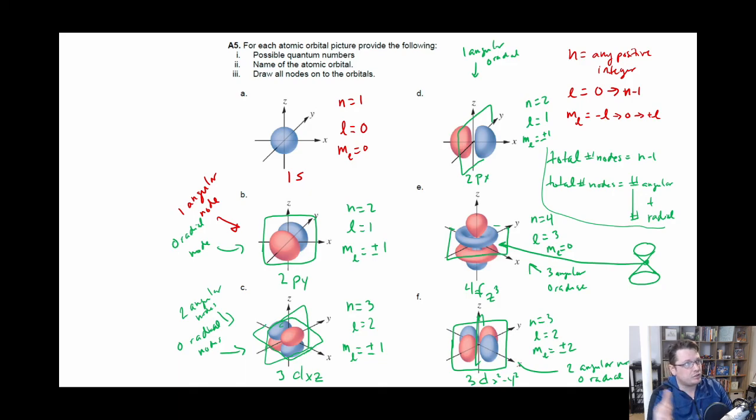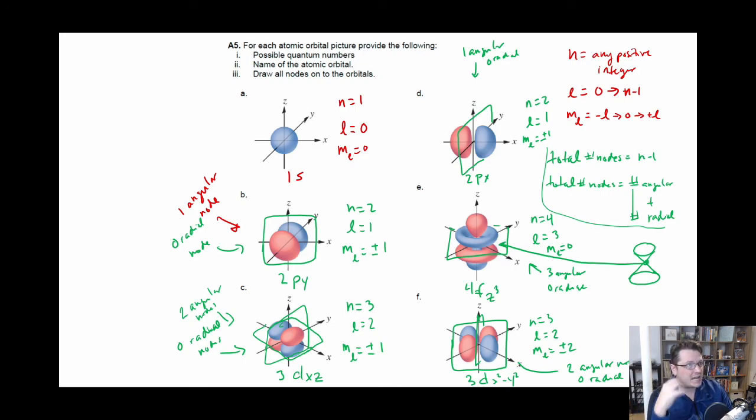The number of angular nodes is always going to be equal to the L value. The principal quantum number is going to be equal to the total number of nodes plus 1, so the number of angular nodes plus the number of radial nodes plus 1 is going to give you the n value. And then for the m sub L value, you have to look at where the lobes are positioned.